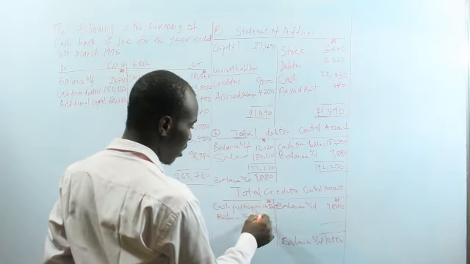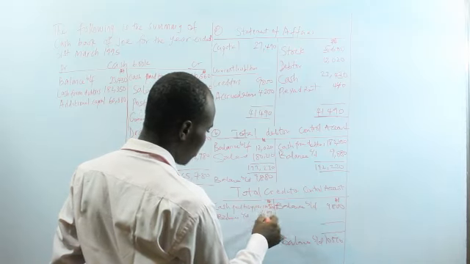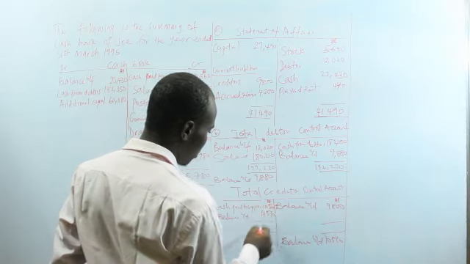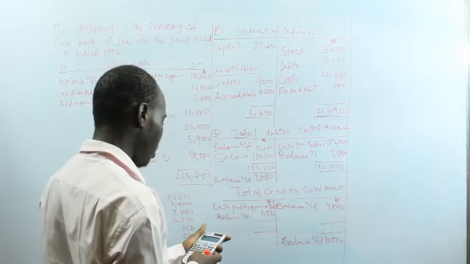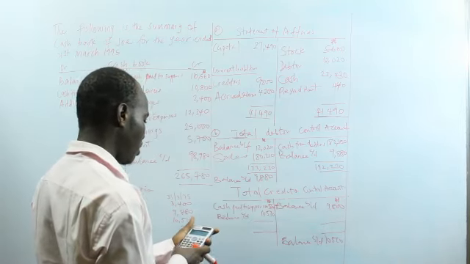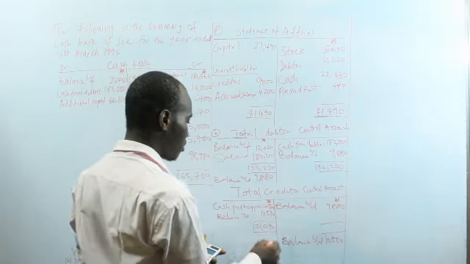So 10,510. When we add 110,560 plus 10,510, we have 121,070.